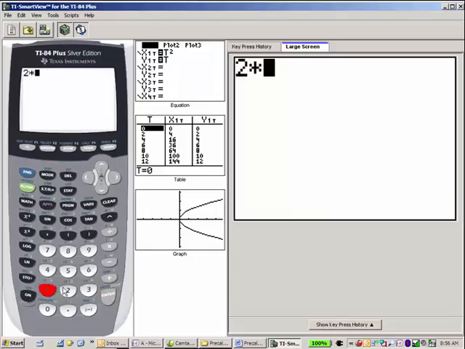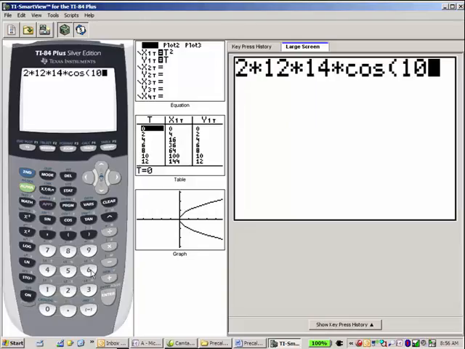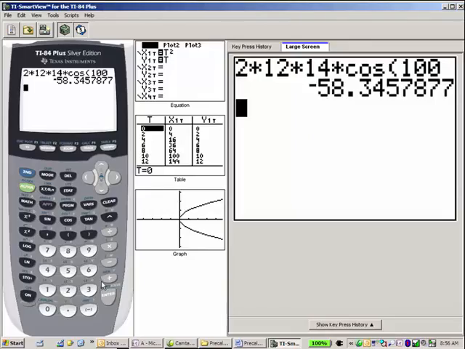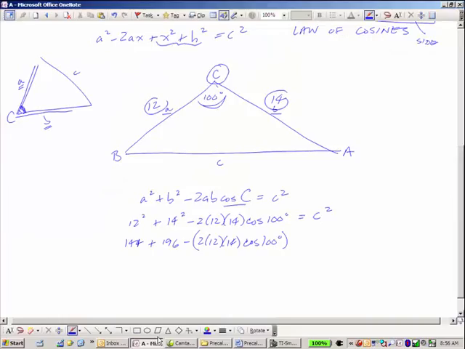Two times 12 times 14 times the cosine of 100, you get negative 58 about. So you get 144 plus 196 minus negative 58 point something equals c squared.